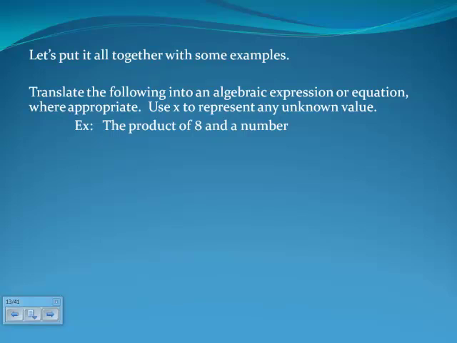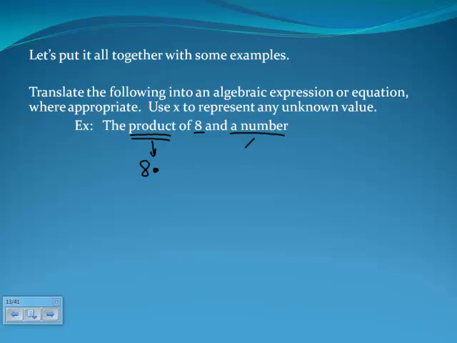So the first keyword that jumps out at me is the word product. I know that product in math always means multiplication. So product means multiplication, and if you're multiplying something, you have to know what you're multiplying. So that almost always is the next 2 things that are mentioned. Okay? The product or multiplication of 8, so 8 is the one thing that's being multiplied, and a number, okay, they don't tell you what the number is, so that's your unknown value.